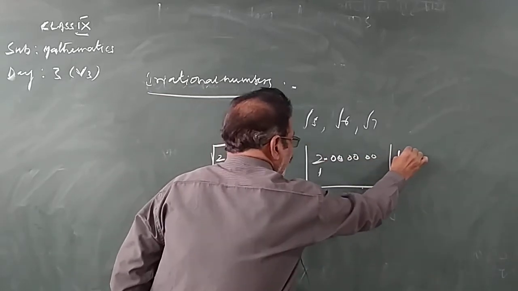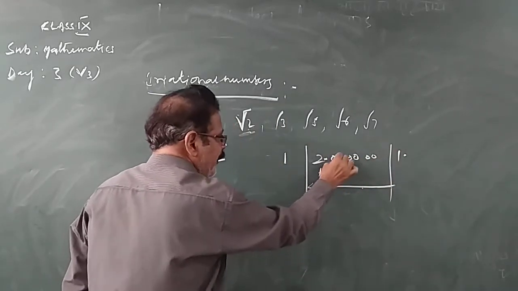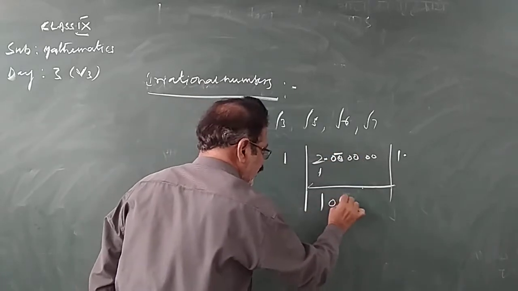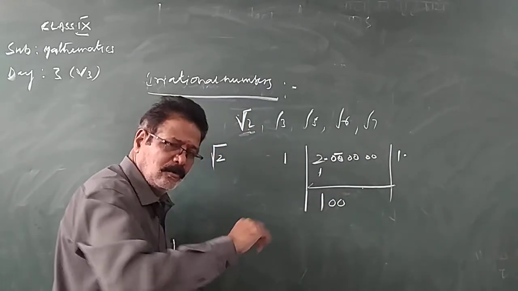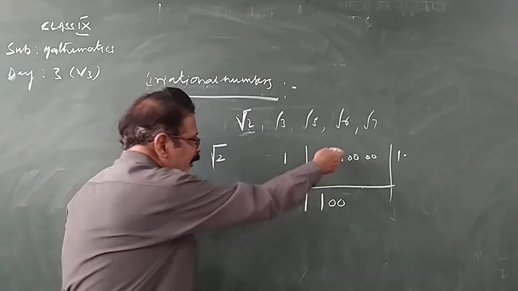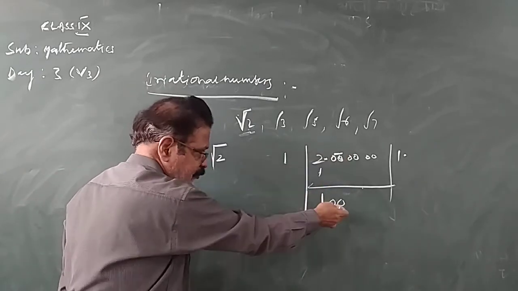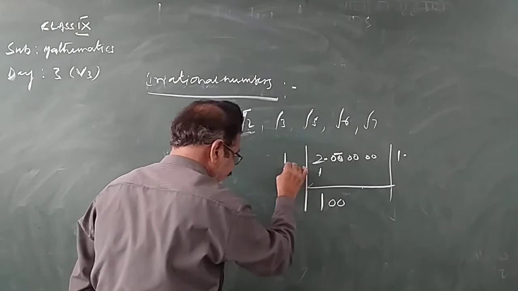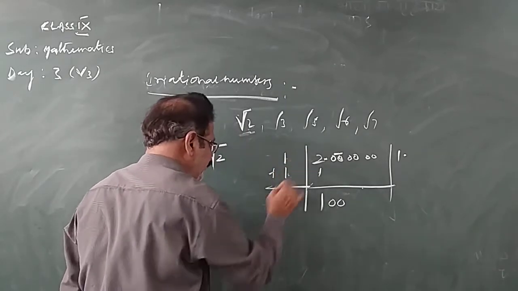Now put the decimal point and bring down the pair of zeros, making 100, to continue the division. Take the quotient 1 and add it: 1 plus 1 is 2.